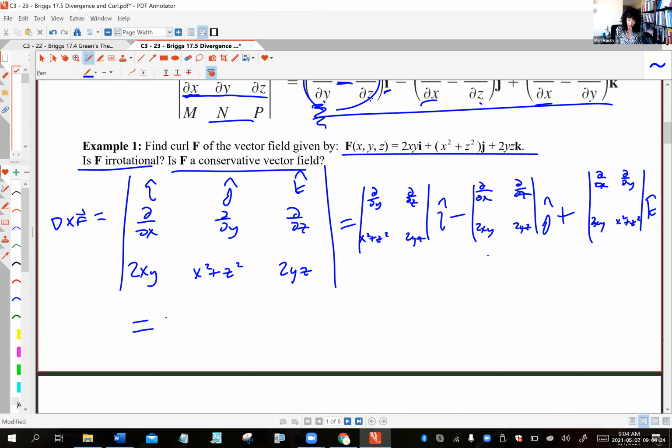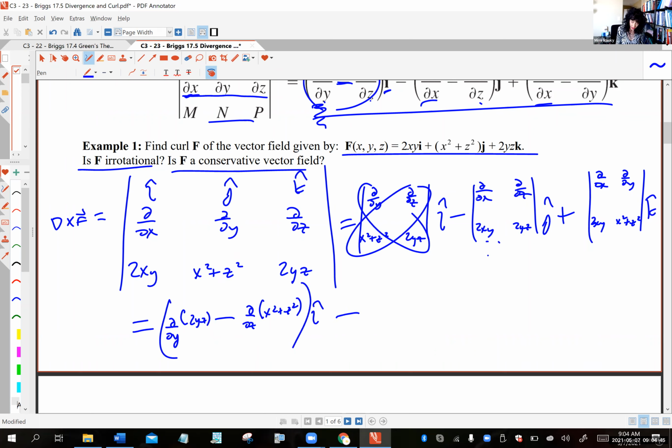Okay, so now what? I'm going to write all this out. What you have here is the partial with respect to y of 2yz, we'll do that in a minute, minus d/dz of x squared plus z squared, and that whole mess will multiply with i hat.